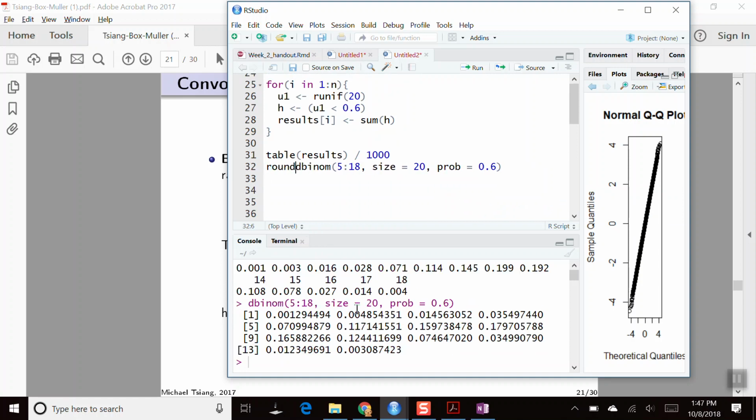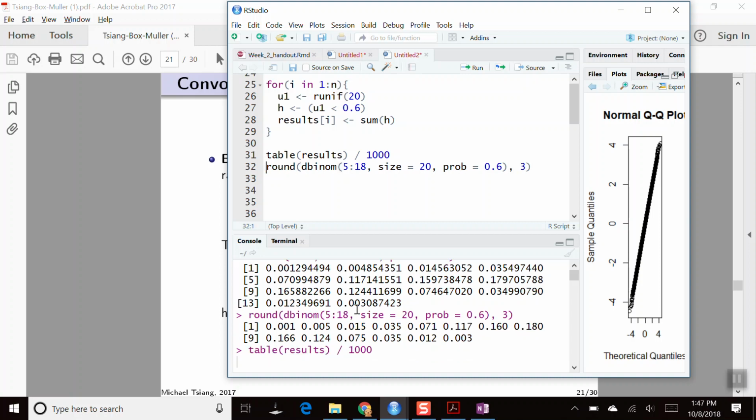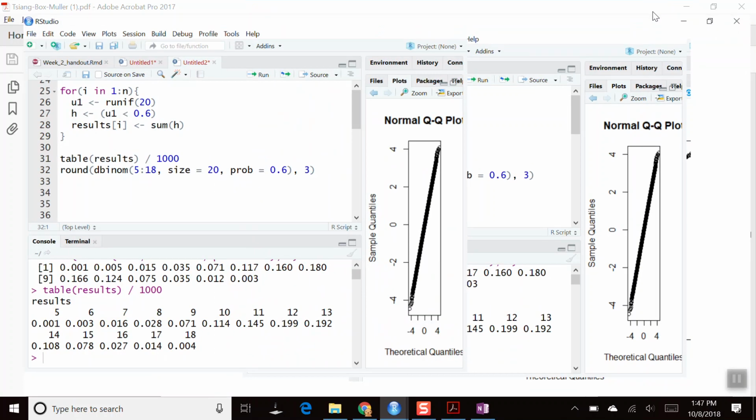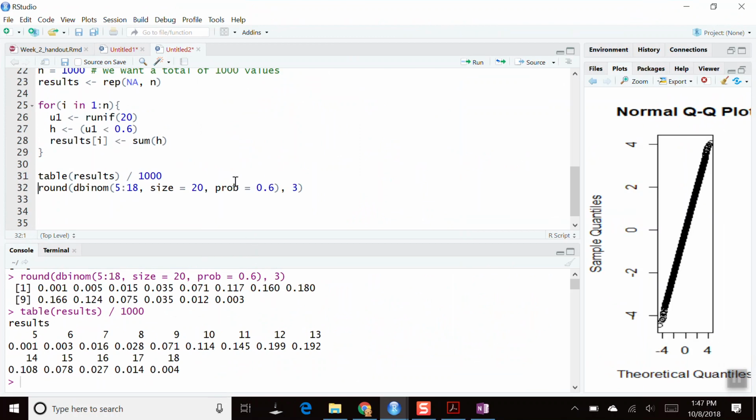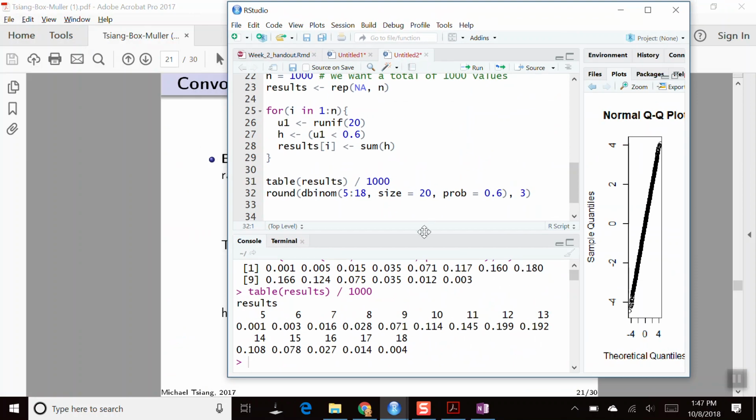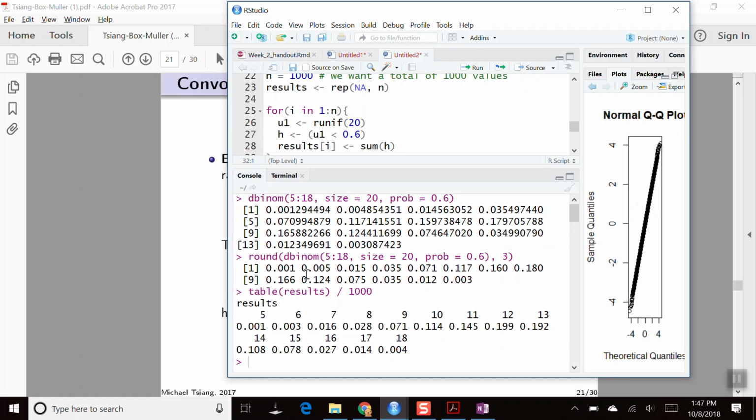Let's round this. So the theoretic values are 1% versus what we observed, 3 times, while the theoretic is 5%. And there's a pretty good match.